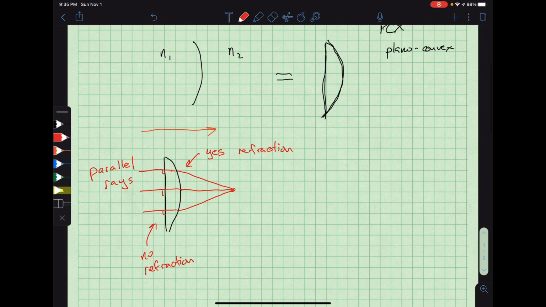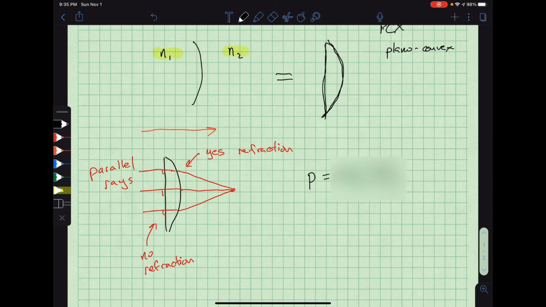If we look at our diagram showing the index of refraction N1 and N2, got those labeled up here, there's an equation for the power of the SSRI, and that's given by P equals N1 minus N2 over R. Now in this case, N1 is the first index of refraction, N2 is the second index of refraction.